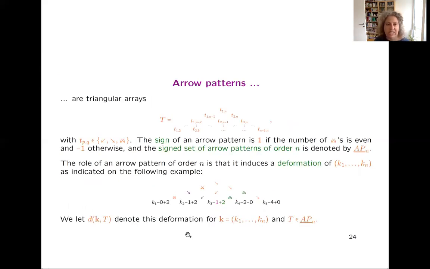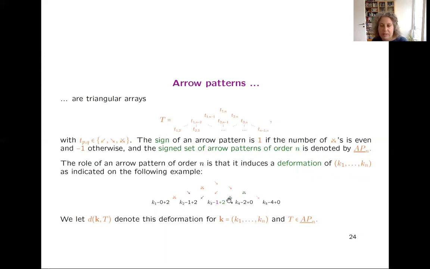Then we also need arrow patterns, and arrow patterns are also simply triangular arrays where the entries are either of these arrows here, and every double arrow contributes a -1 to the sign. The sign set of arrow patterns is denoted by this here. The role of an arrow pattern is that it induces a deformation of the bottom row, as indicated in this example here.